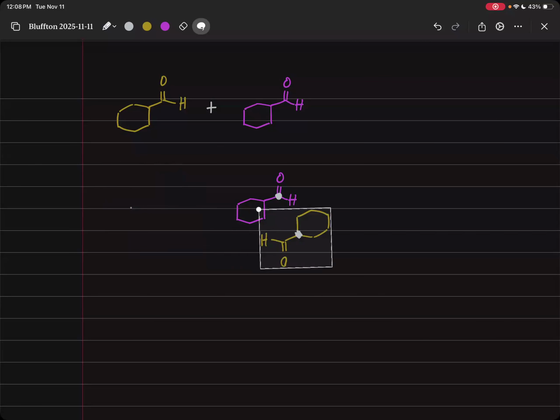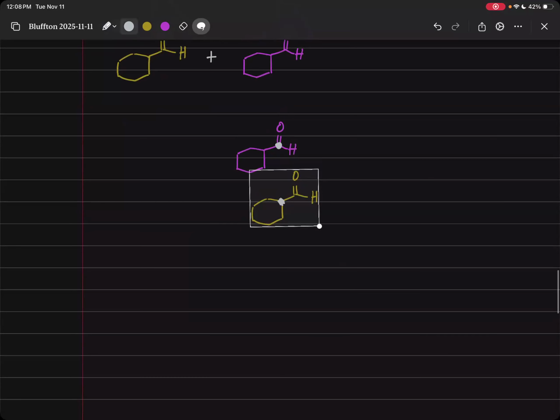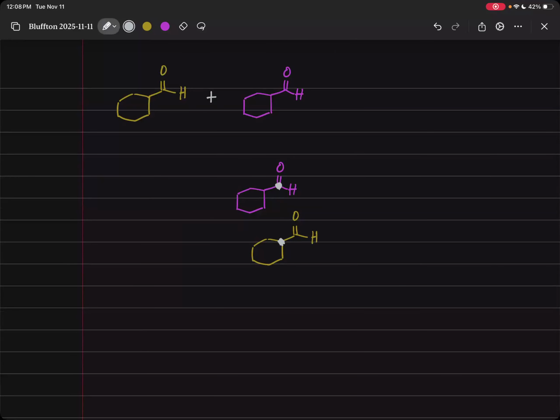I'm going to flip this one. Nah, we'll just do this. Form that bond. And then convert one of them to an alcohol. It's correct, but ugly.